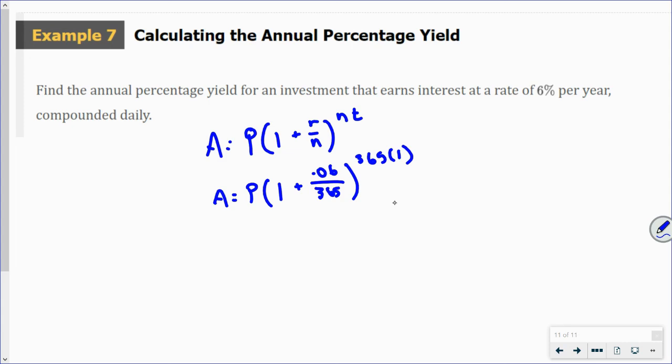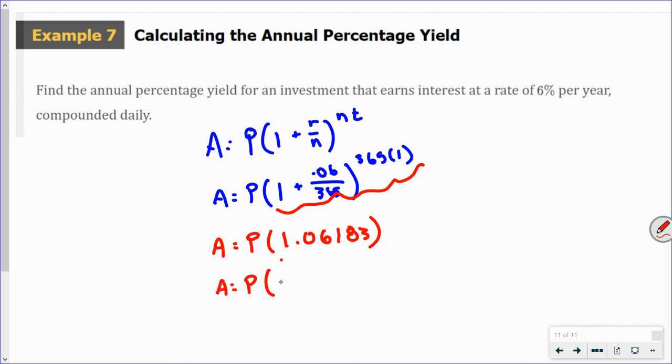If I calculate all of this part right here, this portion can all be done in the calculator. So I get A equals P times 1.06183. If we look at the simple interest formula that we did a while back, it's A equals P times 1 plus rate.